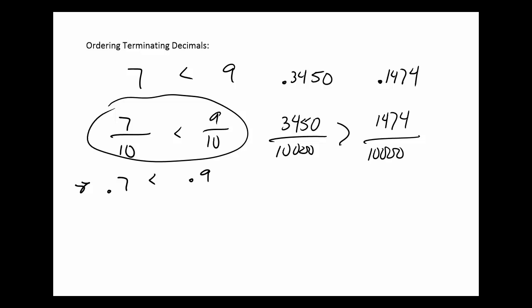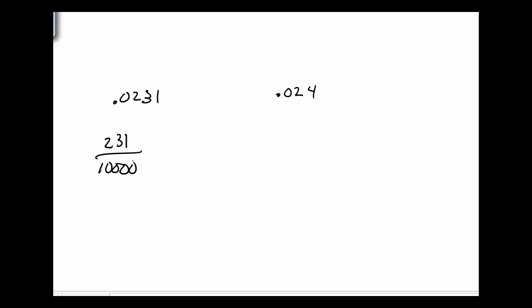Let me do one more with you. Let's do 0.0231 and 0.024. Not the same number of digits, but the one on the left would translate into 231 over 10,000.